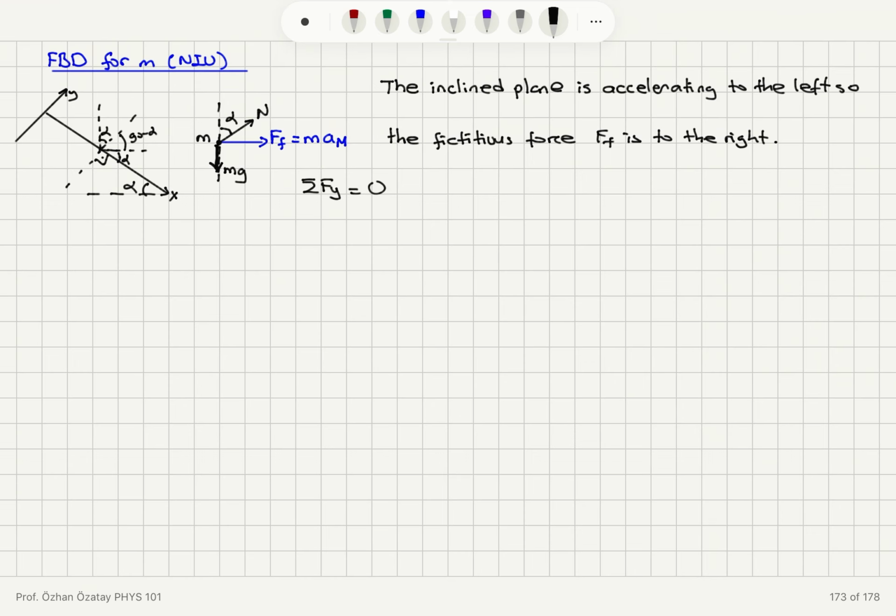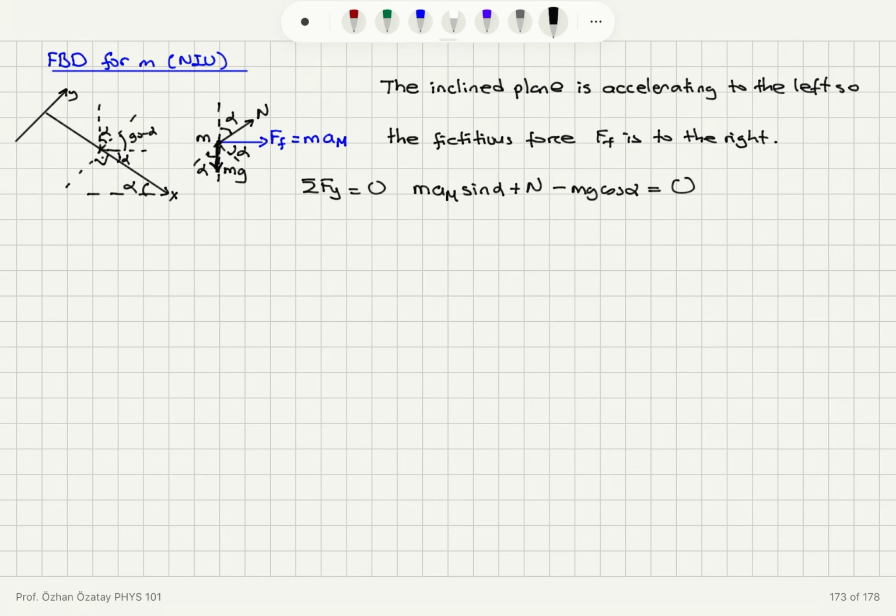Then I can write, since this is going to make an angle alpha with respect to the surface of the wedge, m A_M sine alpha, that is the projection onto the y-axis, normal force is on the y-axis, minus, then I will have an angle alpha here, so mg cosine alpha is equal to 0.